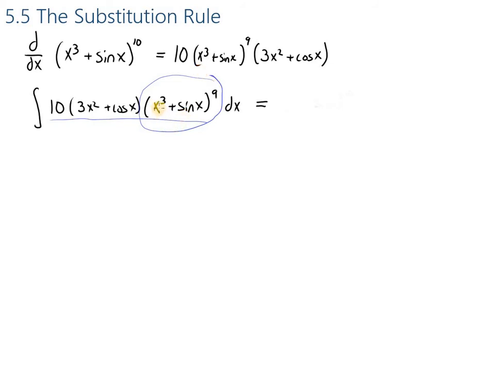You could say, hey, there's some function inside of another function. And that inner function, so our whole goal is to pick out the inner function first. So that's going to be u. So I look at this one and I say, I think the u function was x cubed plus sine of x.